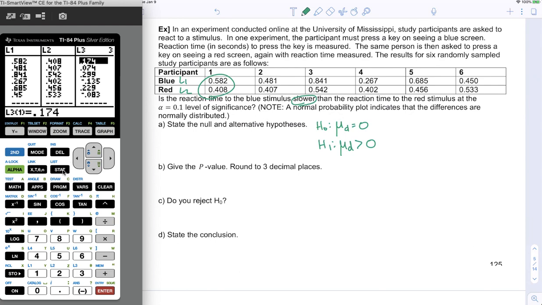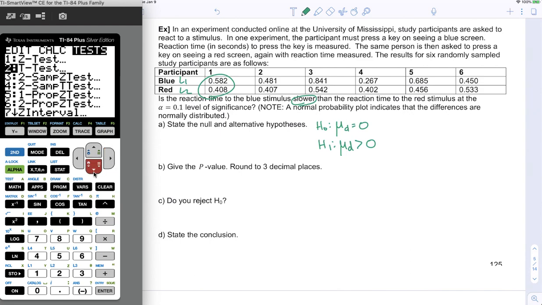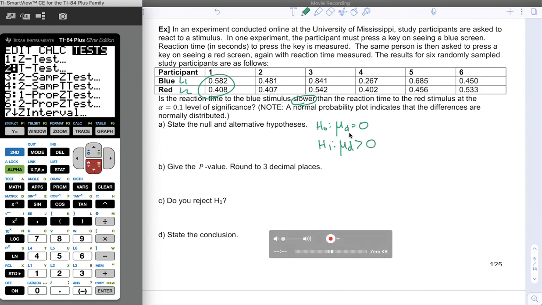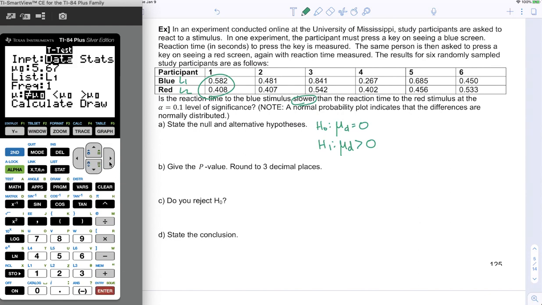So we're going to go to stat, tests, and we're going to do a t-test. We only have one parameter here, right? So we can just do a plain t-test like we did back in chapter 10.3. And we will be using data because we used a list. We'll change it to list 3 in a second. Mu naught is the mean in our hypothesis, which is 0.